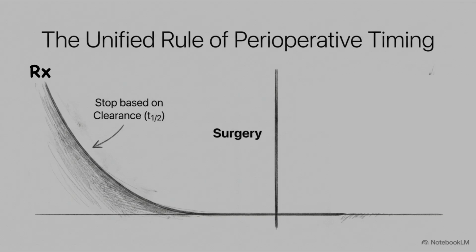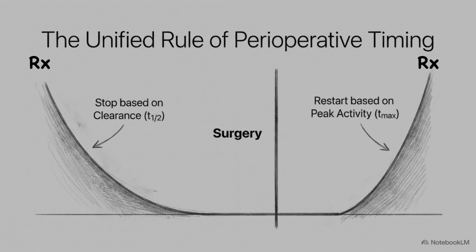The procedure goes well, and you feel that you've achieved hemostasis, and then based on the time to reach peak activity or maximum activity of the drug, you use that time to plan on restarting treatment after the procedure.